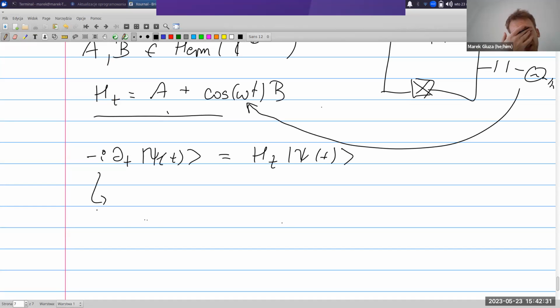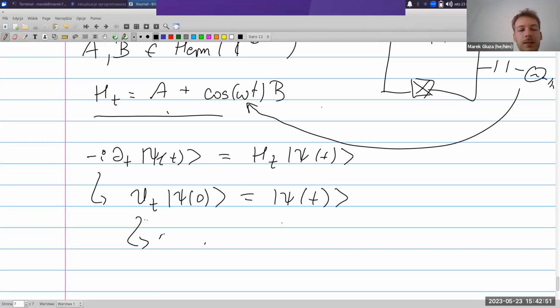By theorems in ordinary differential equations, we know that the solution exists, and we would like to find a unitary transformation that takes our initial state and gives us all the states for all the times that we are interested in.